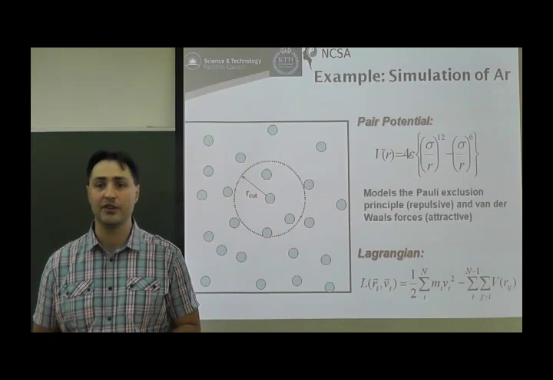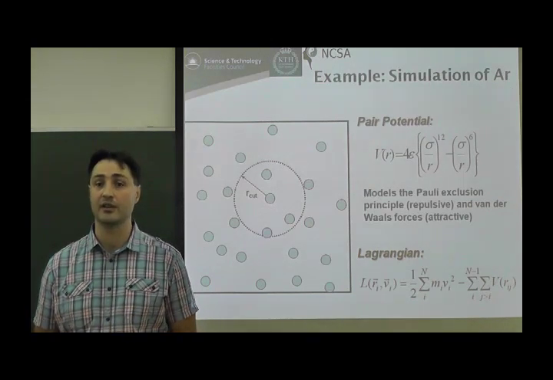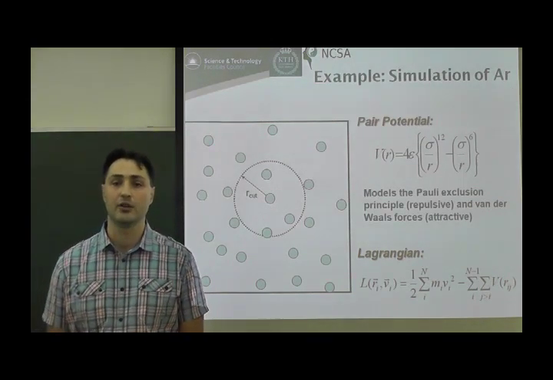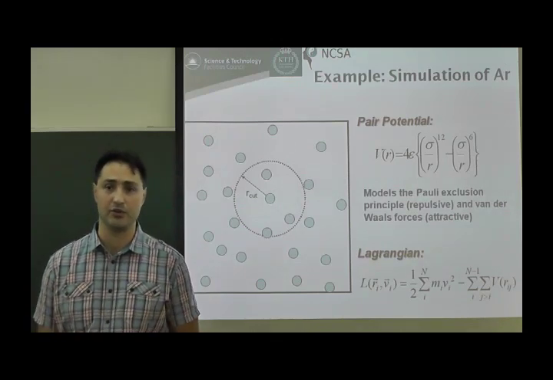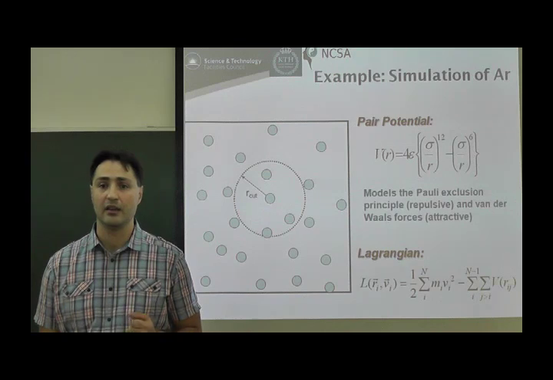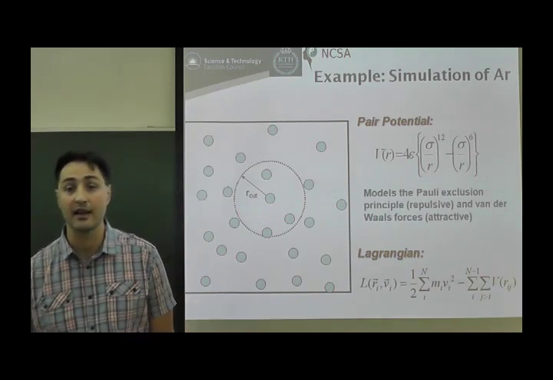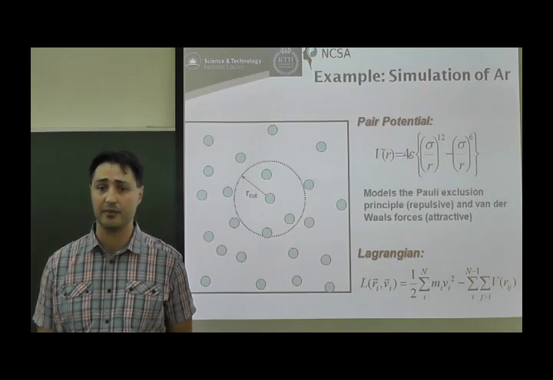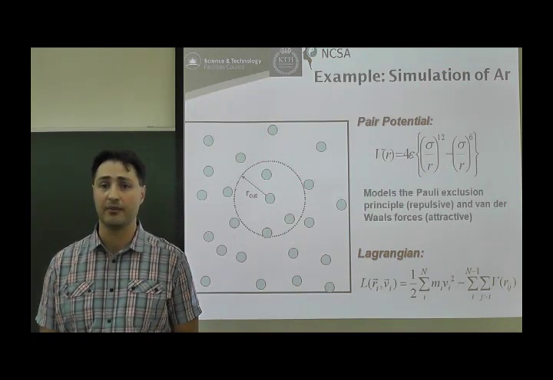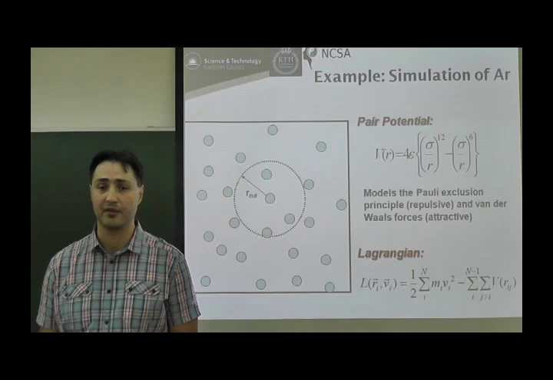A simple example of simulation is that of argon. So we have a simple pair potential, either we call it Lennard-Jones or 12-6. You'll see what it looks like in the next slide. It models the Pauli exclusion at short distances. It's very, very repulsive. And the van der Waals forces, which are attractive at long distances.